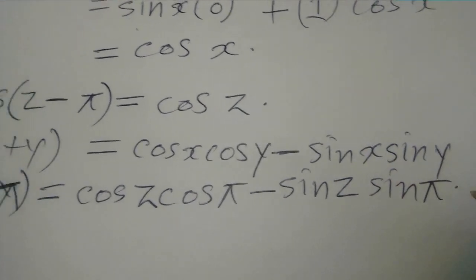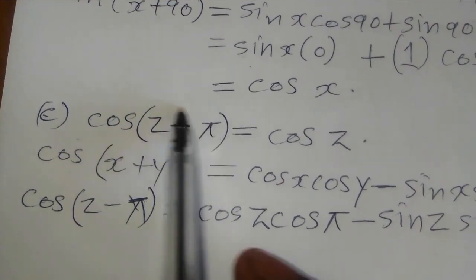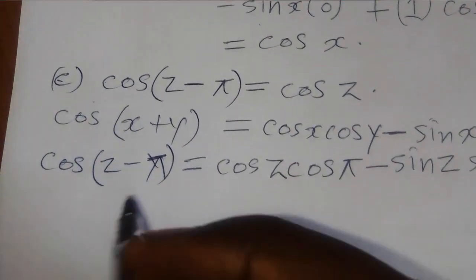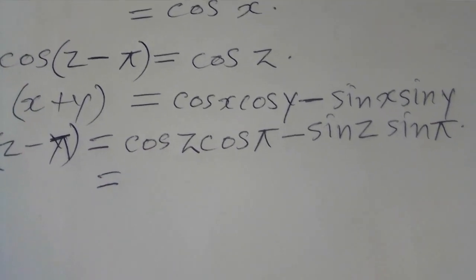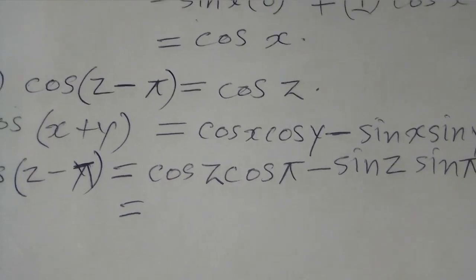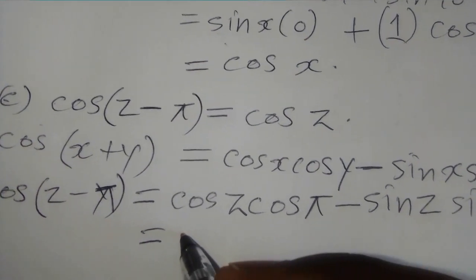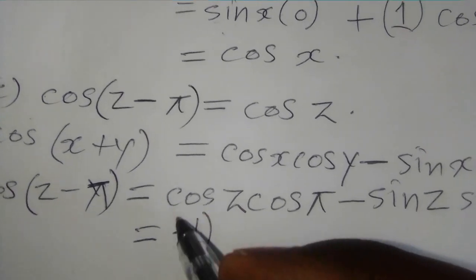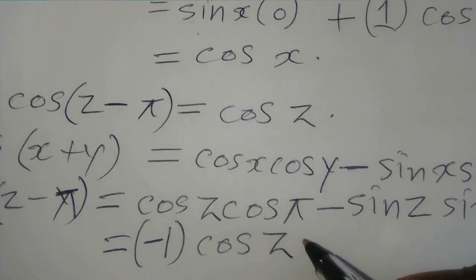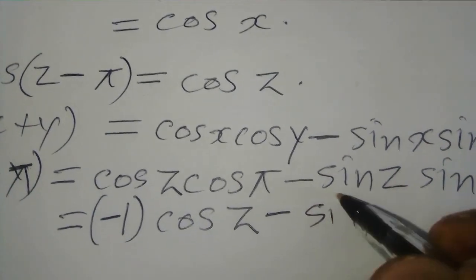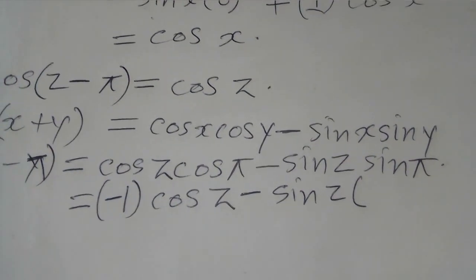So they want us to show that this is equal to that. So this one will give us what? Cos pi, cos 180 degrees is equal to -1. We all know this is equal to -1. Then cos z there. Then minus sine z multiplied by, what is sine pi?